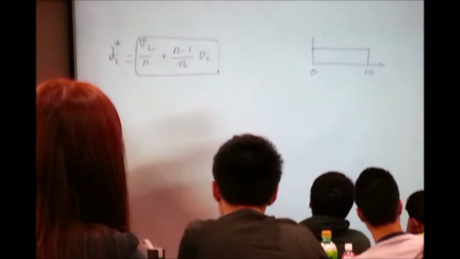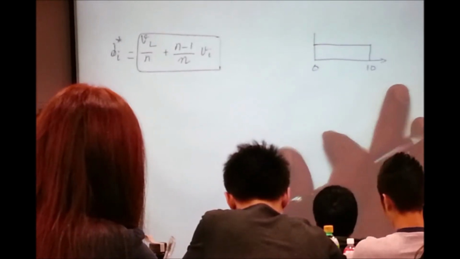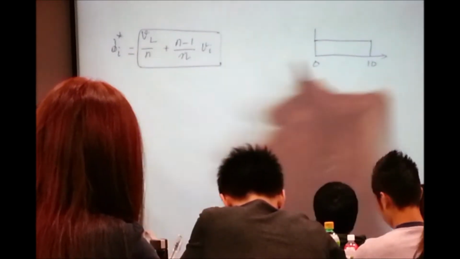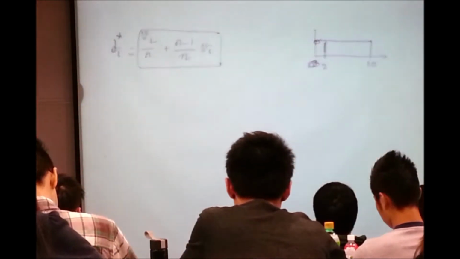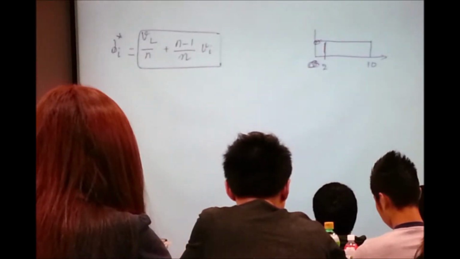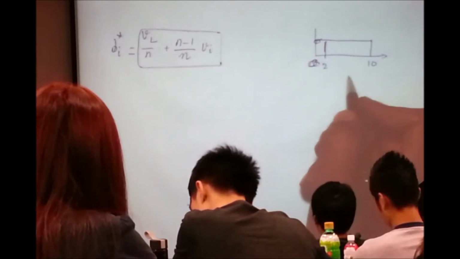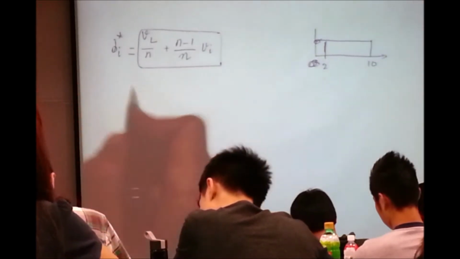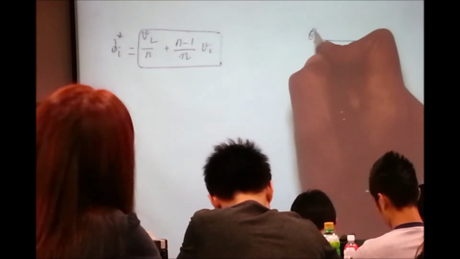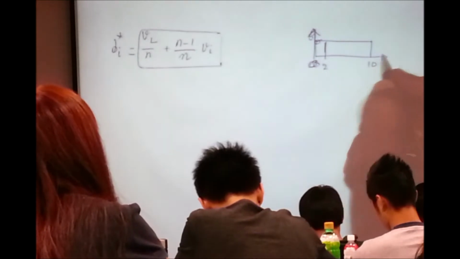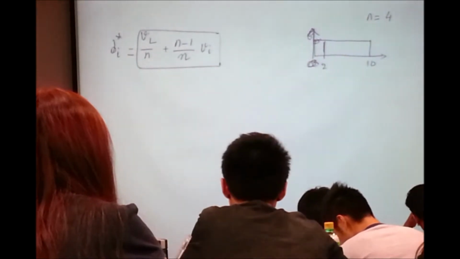Since I am using a general distribution, let us say 2 to 10. I am a bidder, I am the fourth bidder. This is the uniform distribution between 2 and 10. Say I had n equal to 4 bidders.